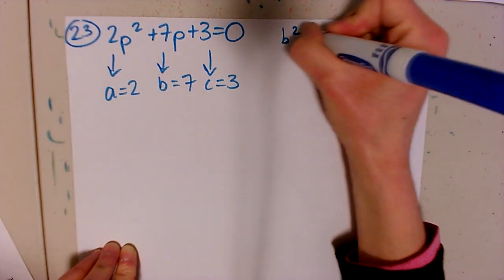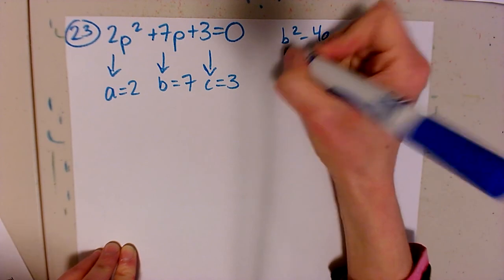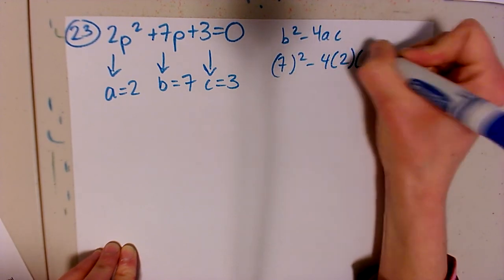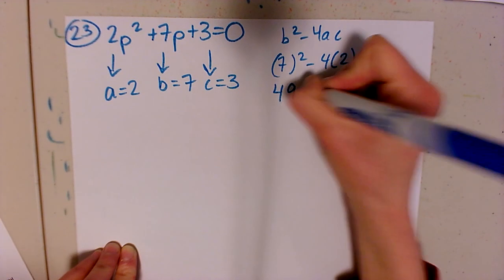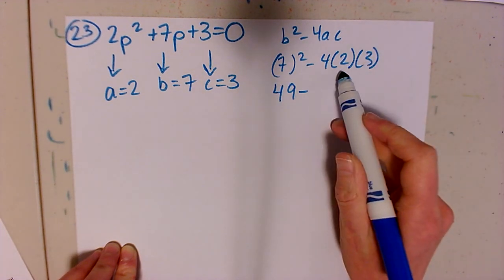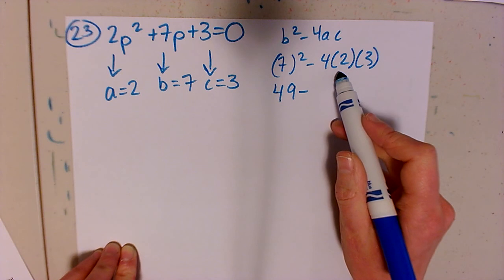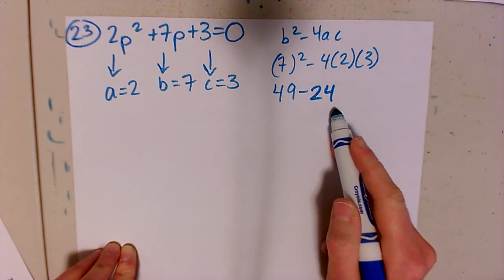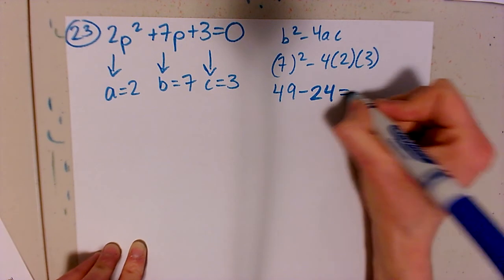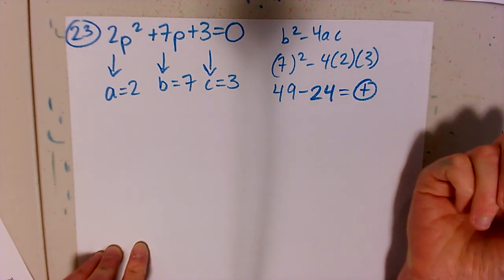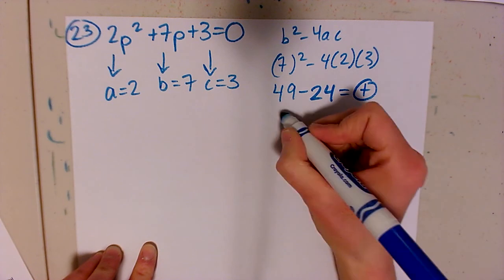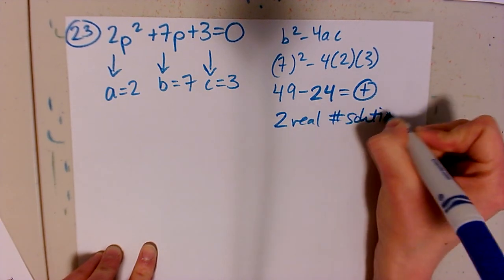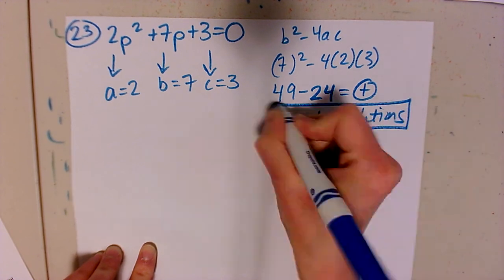So if I want to do b squared minus 4ac, that's going to be 7 squared minus 4 times 2 times 3, which is going to be 49 minus, and then let's see, 4 times 2 is 8 times 3 is 24. Well, I don't even have to go the whole way. I know 49 minus 24 is positive, so then my answer there is 2 real number solutions, and that's all I have to say.